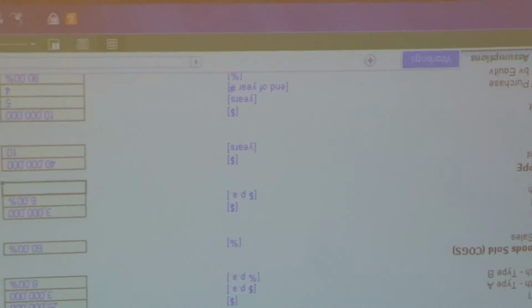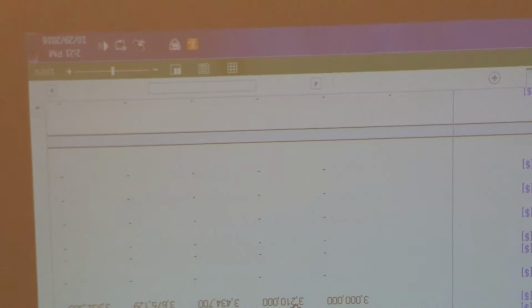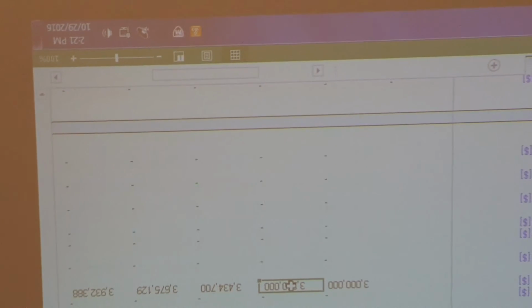What will that do to the value of the company? The answer is absolutely nothing, because in here you've still written 1.07.